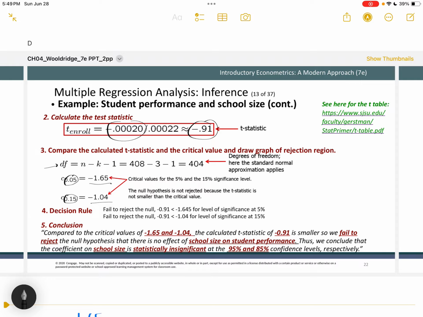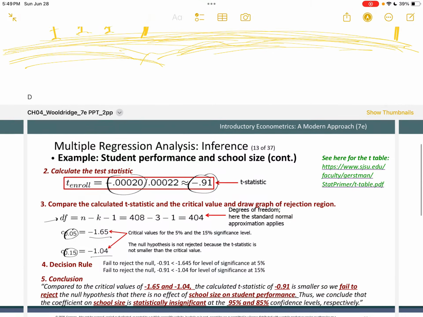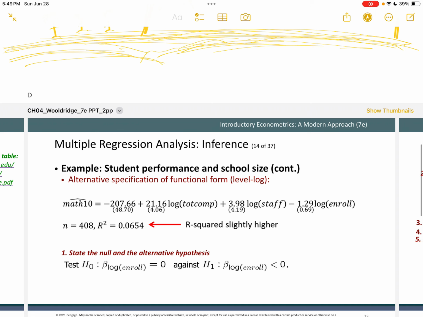So we conclude that the coefficient on school size is statistically insignificant at the 95% and 85% confidence levels respectively. This is some very interesting stuff. Cool.